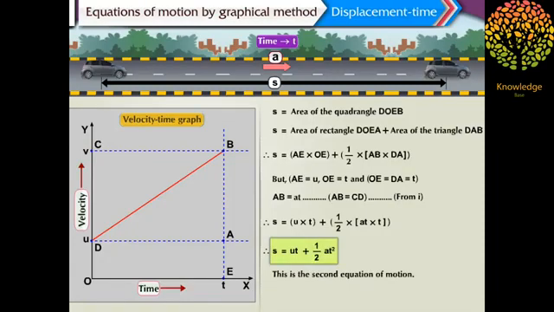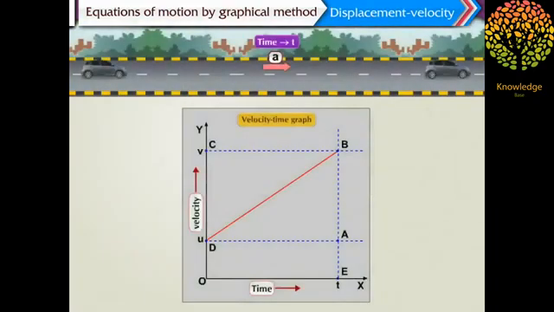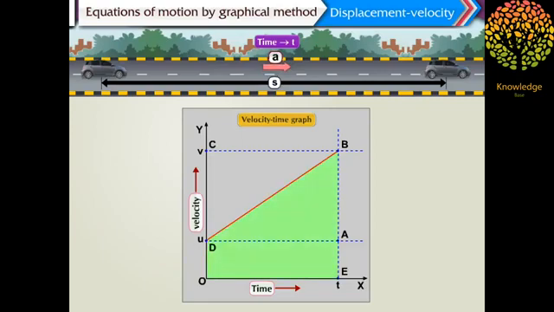Now, let us study one more equation of motion. Equation for displacement-velocity relation. While studying the equation for displacement-time relation, we have seen from the graph that the distance s covered by the object in time t under uniform acceleration a can be determined from the area of the quadrangle DOEB.